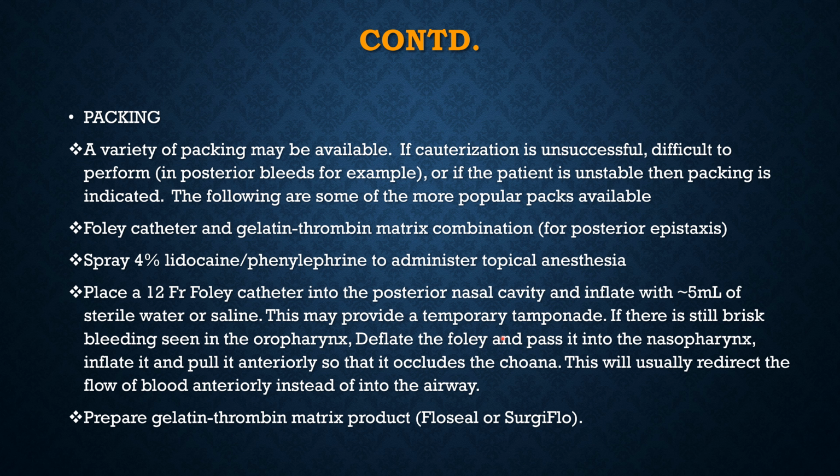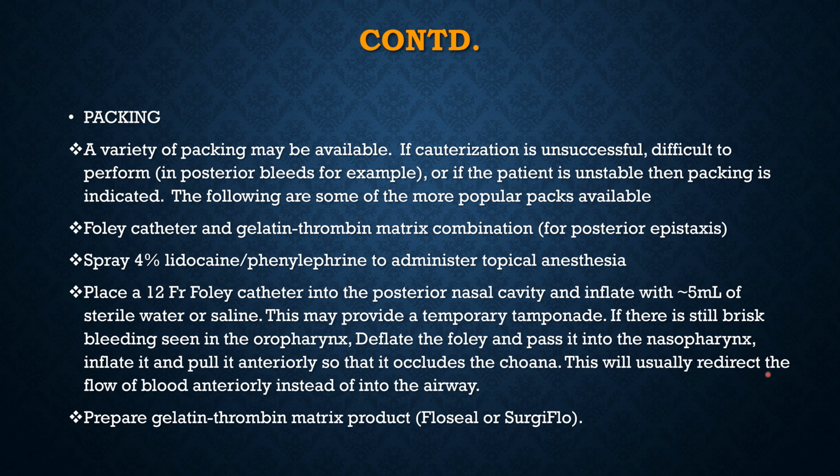But what if we are seeing bleeding from the oropharynx? At that point of time, we have to let the sterile water go out of the balloon. We will deflate the Foley and pass it into the nasopharynx, and then we will again inflate it and pull it entirely so that it occludes the choana.